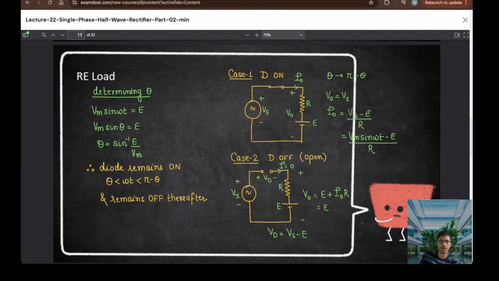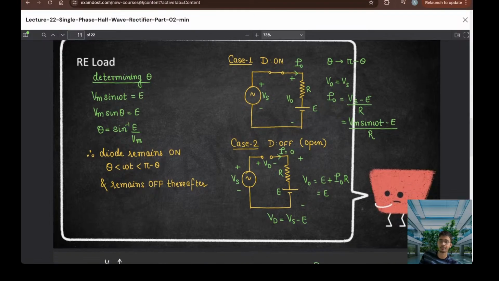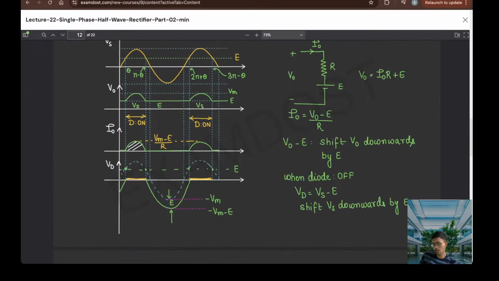When the diode is on, I naught will be Vs minus E by R. It is maximum at Vm minus E by R. We take Vs, reduce it by E and divide by R. That is what we are doing. And when it is 0, the diode is off.